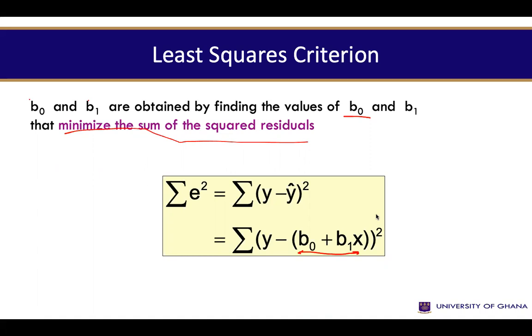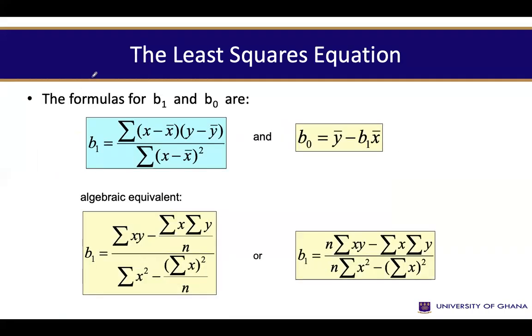We call this technique the least squares criterion, the least squares approach to finding the values of b0 and b1. Once you've been able to find that, you end up getting this. This is very important as far as you are concerned.